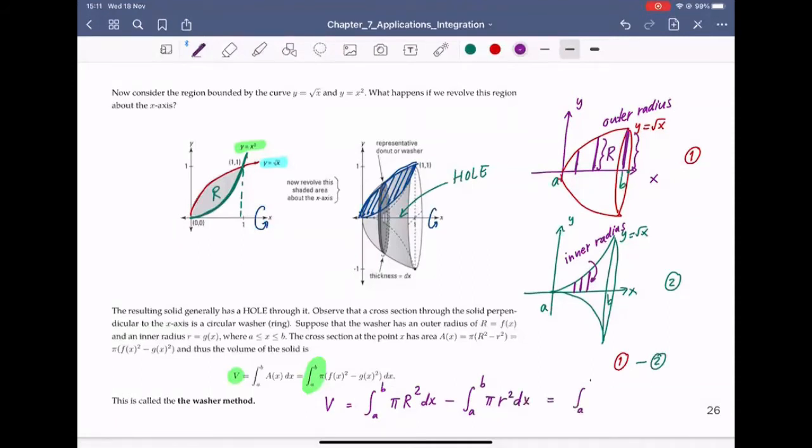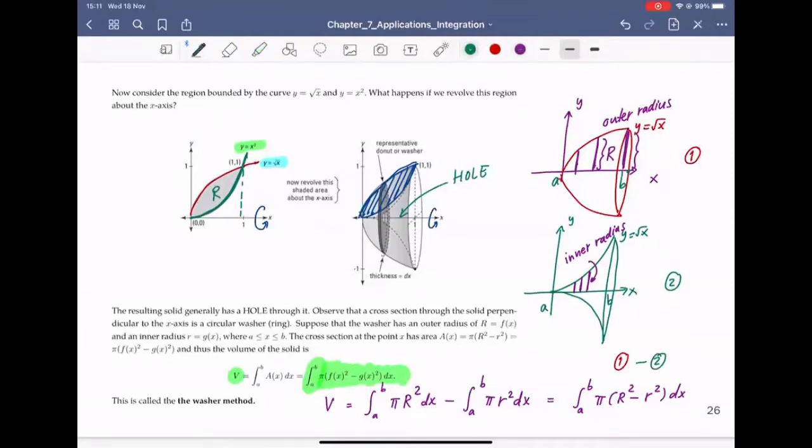It's going to be the integral from A to B of pi times big R squared minus small r squared dx, which is the same formula as I just showed you highlighted in green here, pi f(x) squared minus g(x) squared dx. If you suppose that your outer function is f(x) and inner function is g(x), that's the formula you will get here.